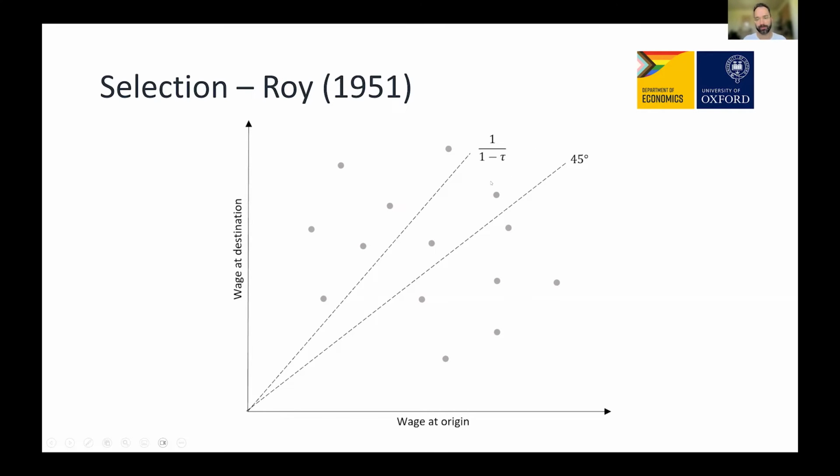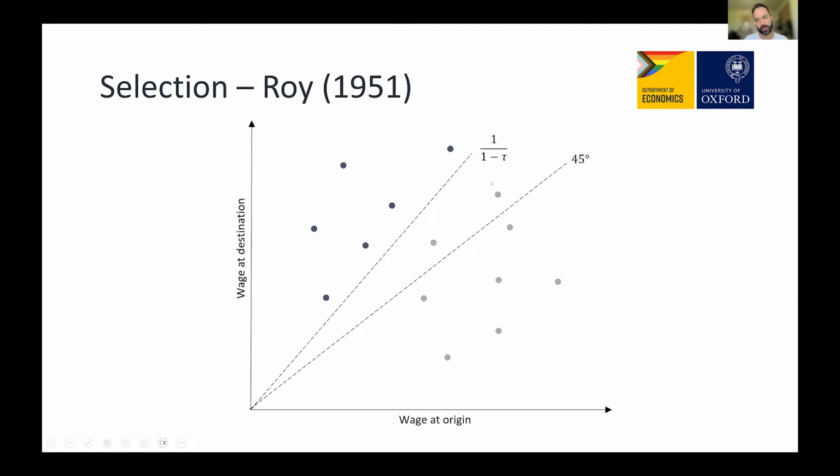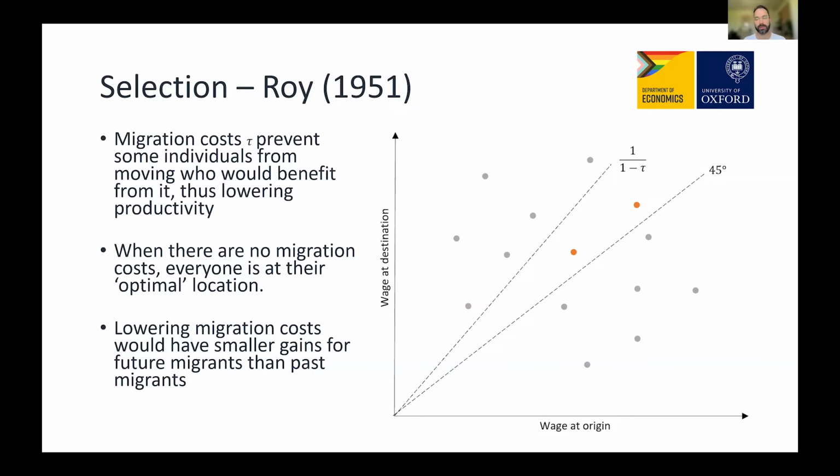What this means is that the only people who will actually migrate are those for whom the wage at the destination is not just bigger than at the origin, but bigger by enough of a margin to cover these additional costs. And in an economic model, these types of costs are in a sense inefficient.